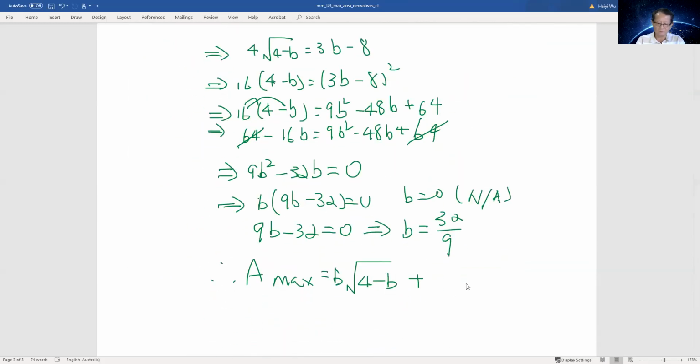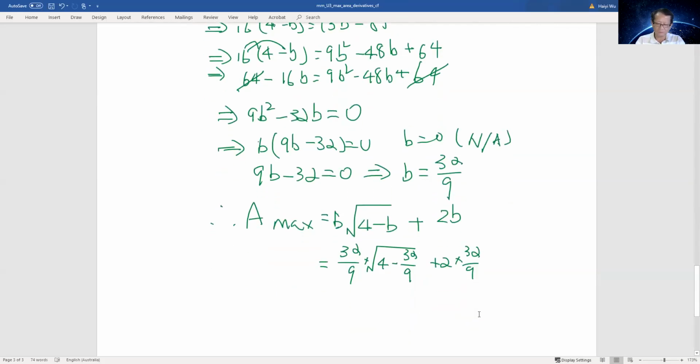So if we substitute into the equation, it'll be 32 divided by 9 times 4 minus 32 divided by 9, plus 2 times 32 divided by 9. So for the total answer, I'm sure you should be able to work it out.